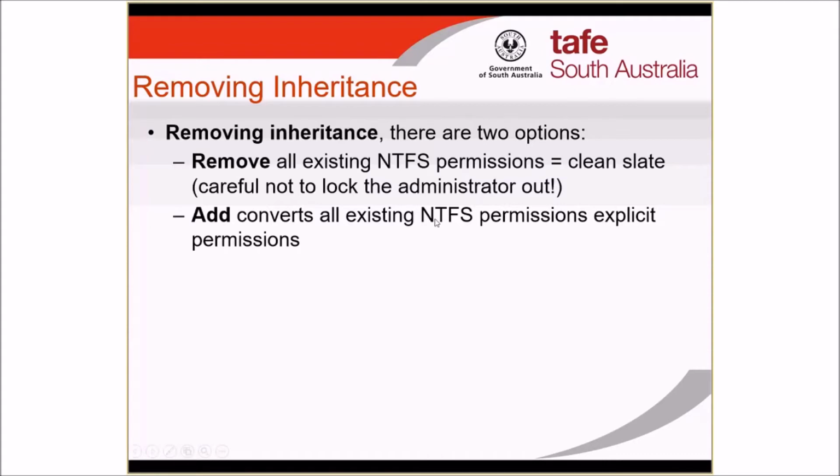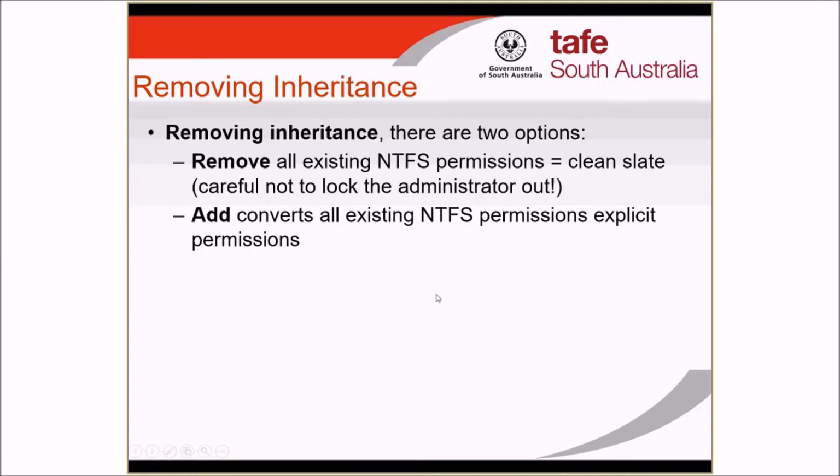But that's a little bit tricky, because if you don't add back in the things that should be there, you potentially could lock yourself out, lock the administrator out. So what I like to do is convert wherever it's been inherited into explicit permissions. Once they're explicit permissions, then I can remove the ones I don't want and keep the ones I do want.